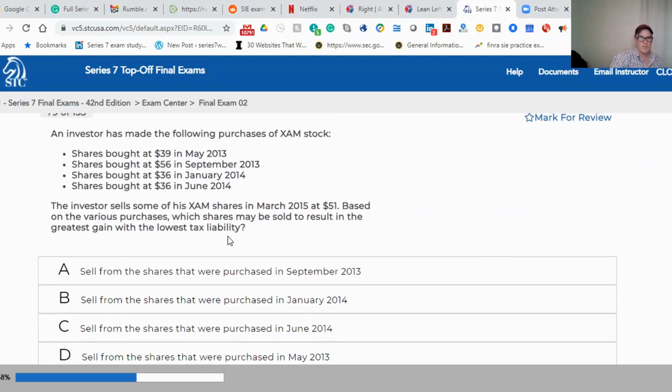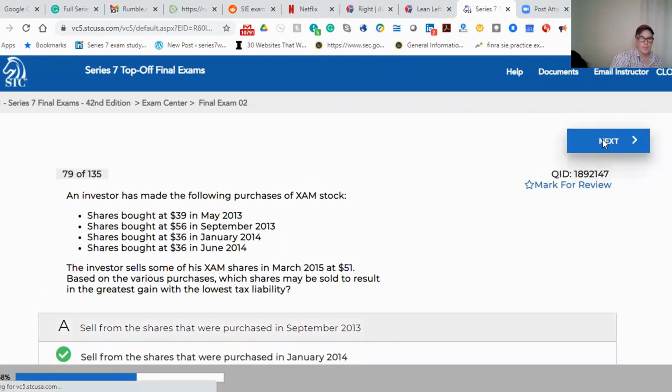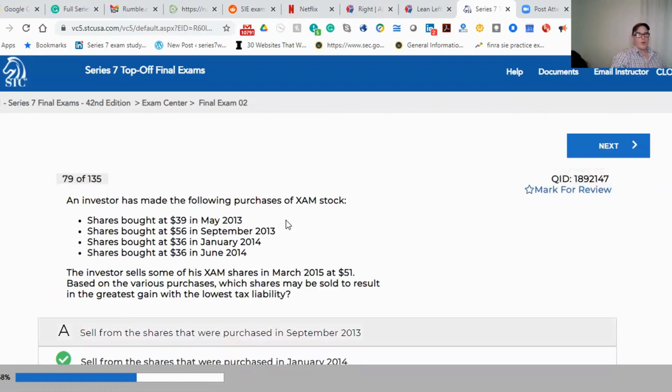If I buy them at 36, I make 15. So I'm going to go with the ones I bought in January 14th. I could be wrong on that part, but let's go with it. Boom. The first 3 are all long-term, but the last one is not. I should have seen that they were the same and tried to figure that out, but the 39 gives me a lesser gain. It only gives me 1,200 versus 1,500.